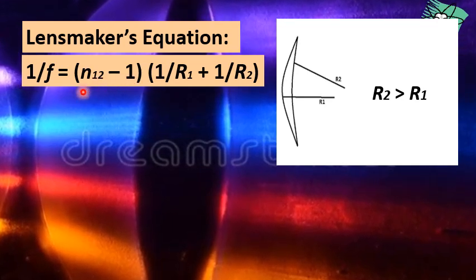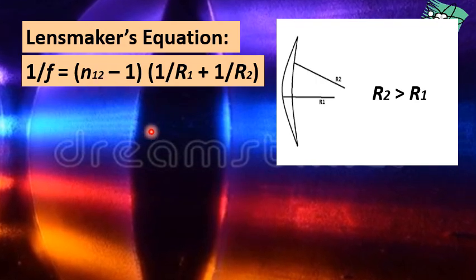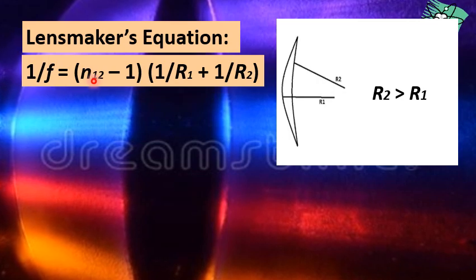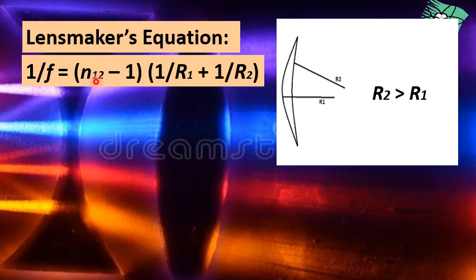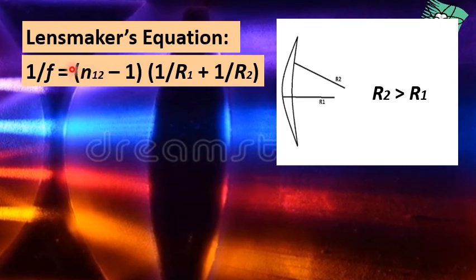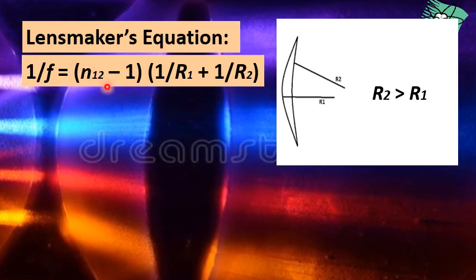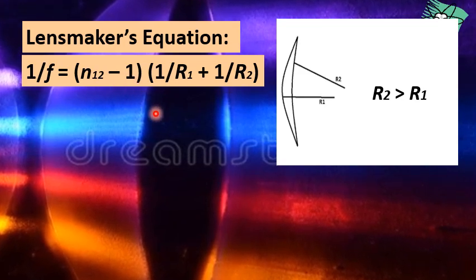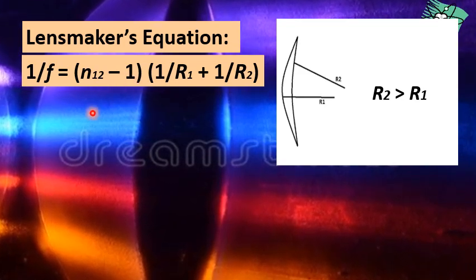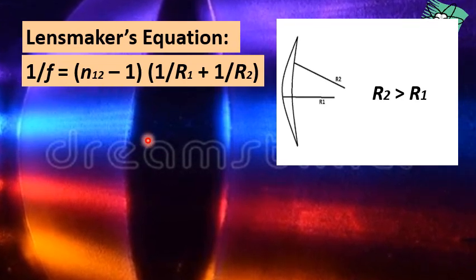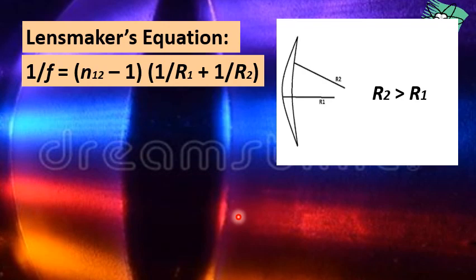For example, if the surrounding medium is a liquid whose index of refraction is higher than that of the lens, then the number inside this quantity of parentheses will become a negative number. So that is our task, to show that the focal length of such a lens will in fact be negative.